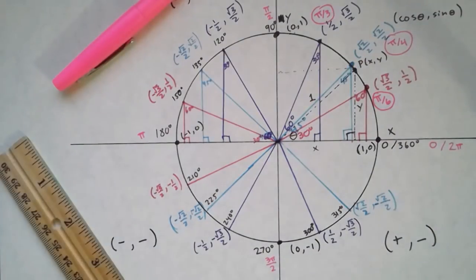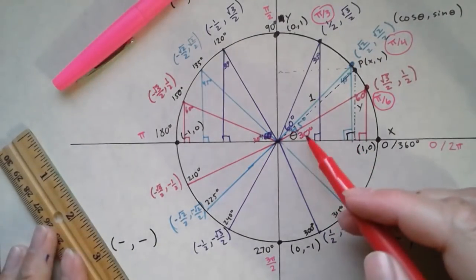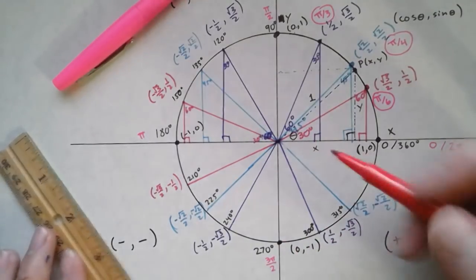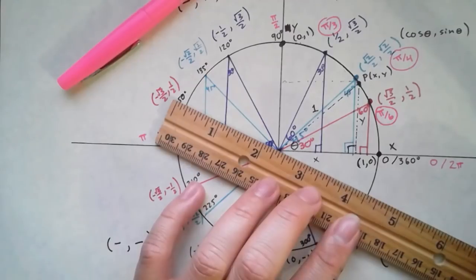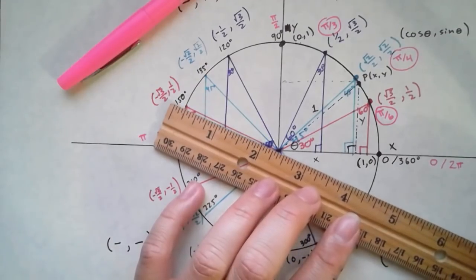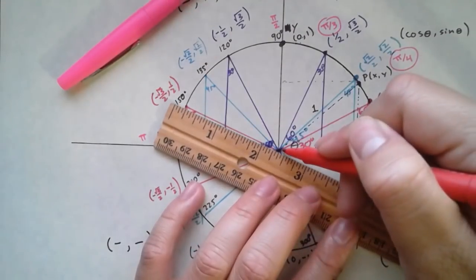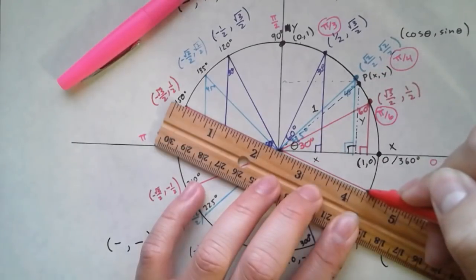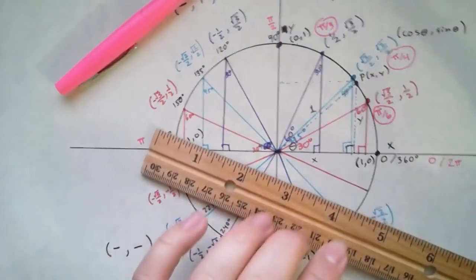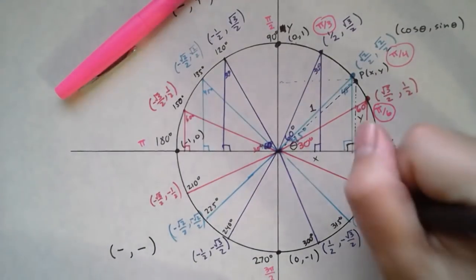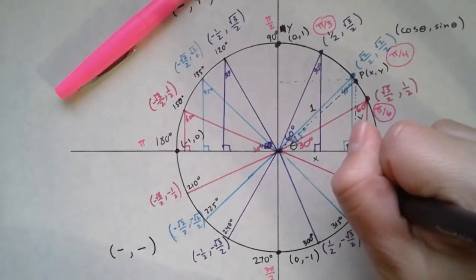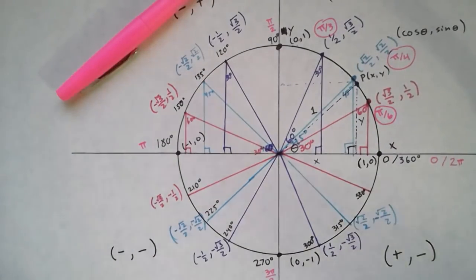And then finally the last one, I add my 30 degrees, right? So I would go just before the full 360 turn, here. I have 330 degrees there.